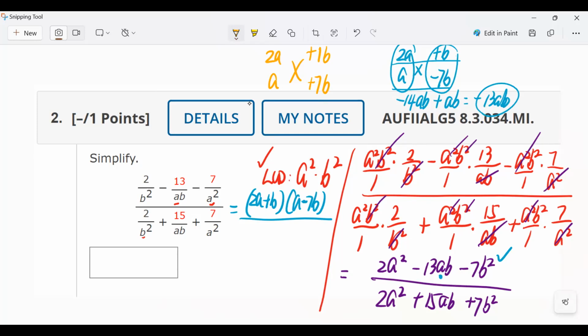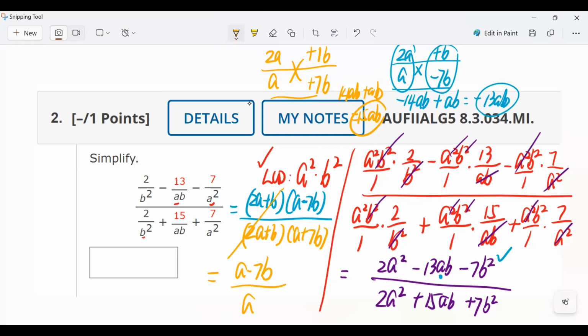If you cross multiply, we get 14AB plus AB, which is 15AB. Then we get two factors, 2A plus B, A plus 7B. We're going to cancel the common factor, 2A plus B. So the final answer is A minus 7B over A plus 7B.